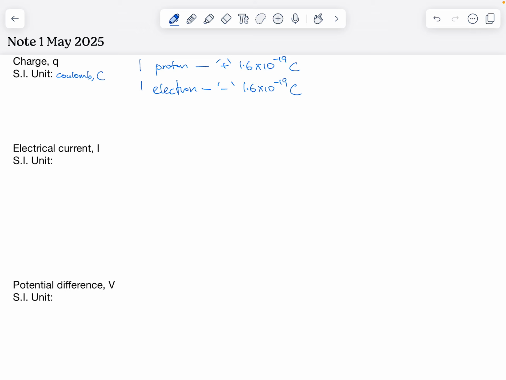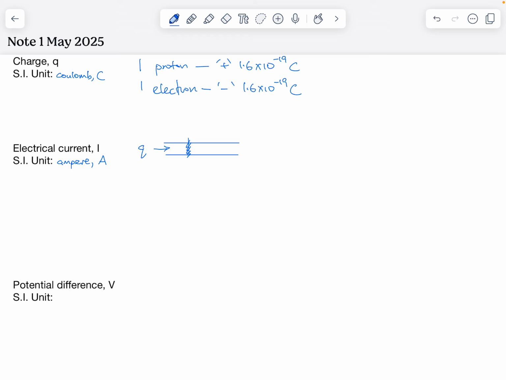So let's look at what electrical current is. It has an SI unit known as the ampere, symbol capital A. So it's actually a measure of the amount of charge flowing through a conductor, and taken at a certain point here, we measure the amount of charge per second, amount of charge per unit time, the rate of flow of charge passing through a point in a conductor.